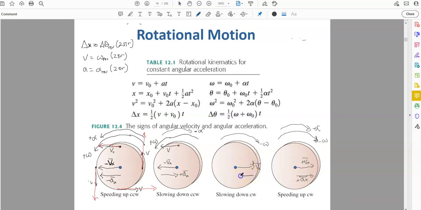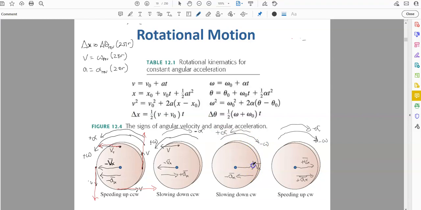But slowing down means its acceleration vector is directed opposite the velocity vectors, which means alpha is going to be positive. Oh no, it'll be a positive alpha because omega is negative.